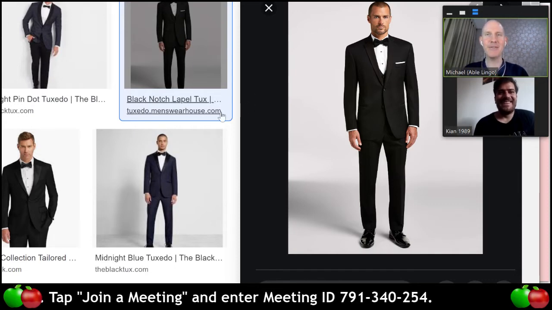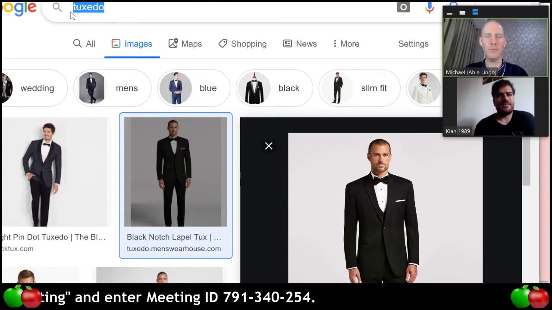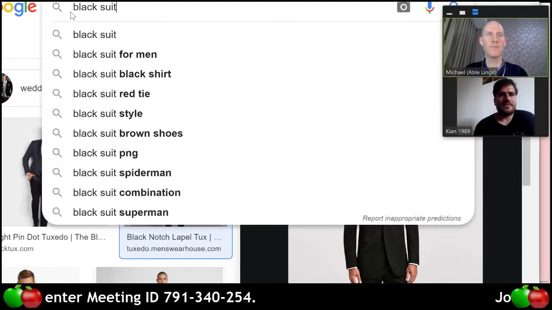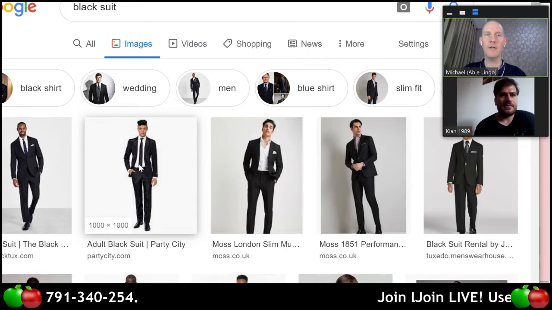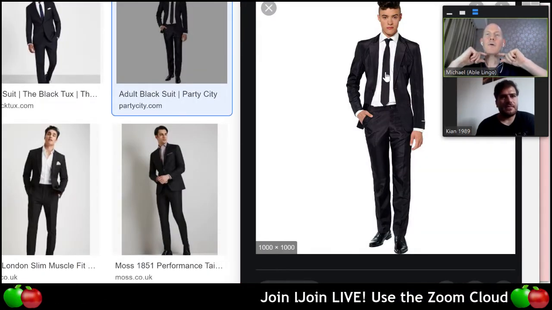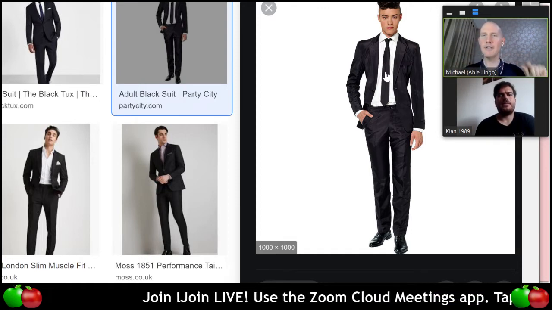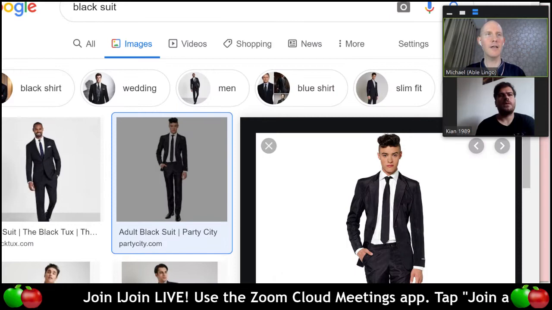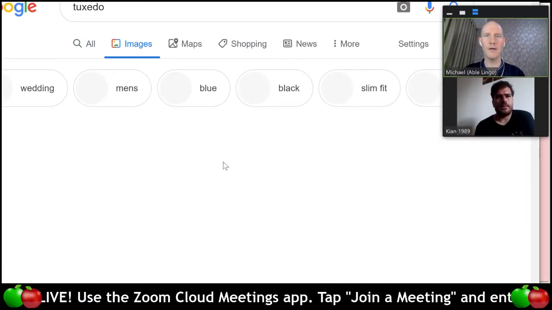So this would be a tuxedo, and if we put in a black suit, it should be a little bit different, similar. But usually when I think of a suit, I think of a long tie, not the little one. With a tuxedo, it has a small little tie, but it's a special kind of tie.